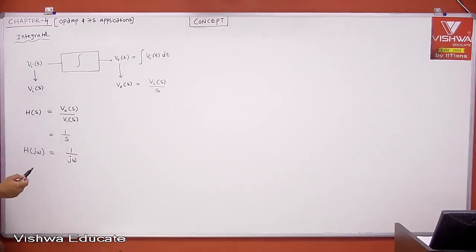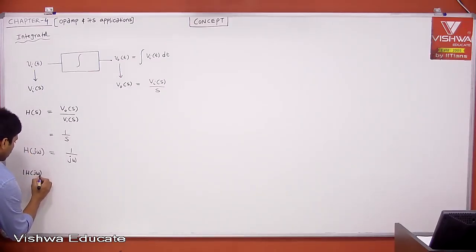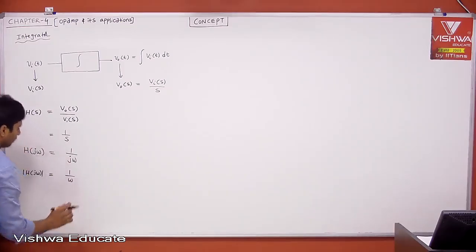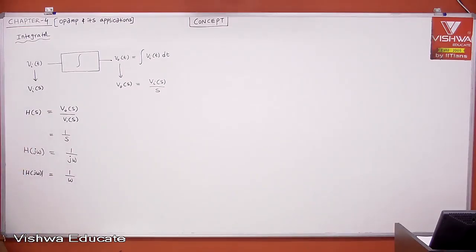If I take only magnitude, not phase, then mod H of j omega is equal to 1 by omega. This is our magnitude response.